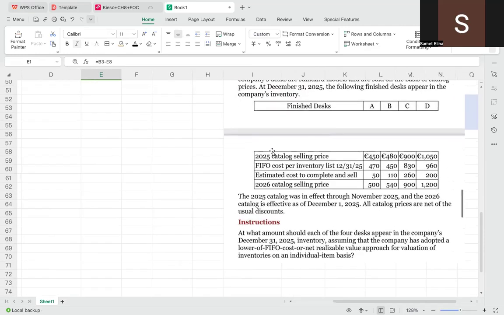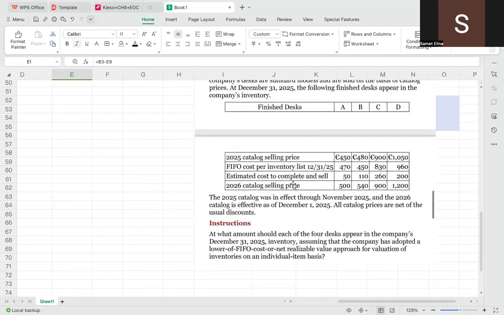Net realizable value is selling price minus estimated cost. And we can simply ignore the 2025 selling price, because that year already passed. The main purpose is to make sure that our inventory is not overstated. So we have to compare it with the new market price, which is the 2026 catalog selling price.